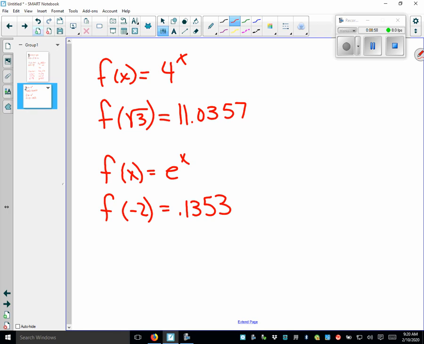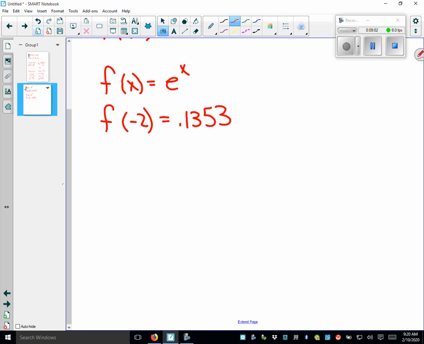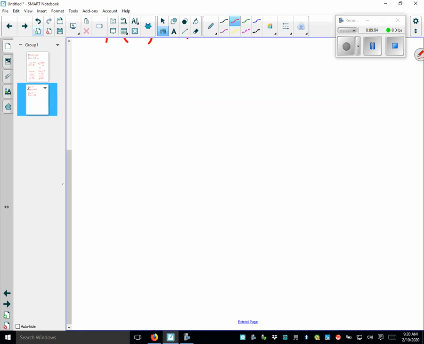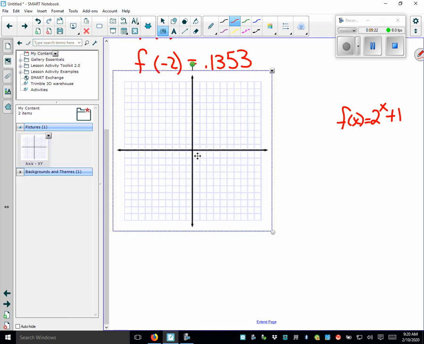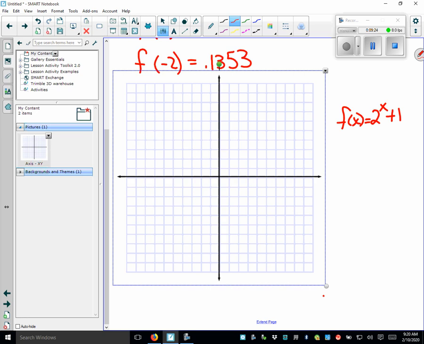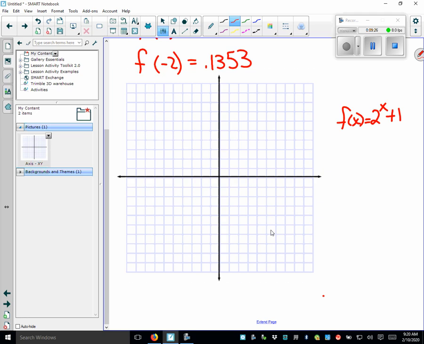I always like easy points. Okay, now I'm going to ask you to graph this function. F of x equals 2 to the x plus 1. Graph it.